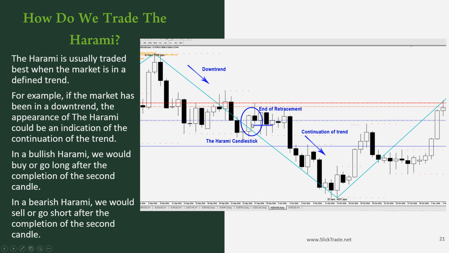In this example over here, we have our mother candle, and then we have our child or baby. The body is fully within the mother, and then we have a little bit of resistance happening here.